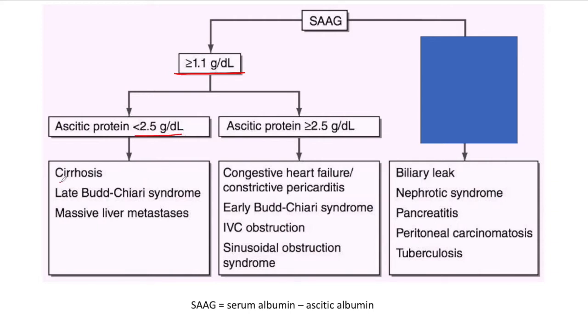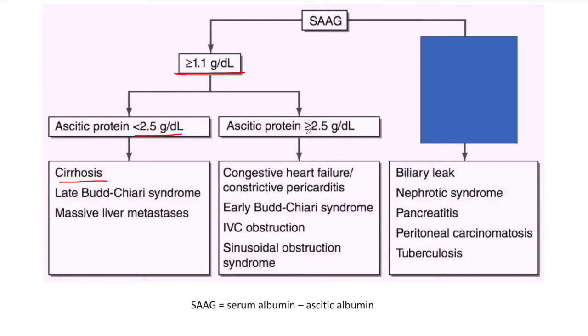So we can have low acidic protein, less than 2.5. That is like our patient who has cirrhosis. We have a lot of transudate fluid that's moving from the portal system and becoming acidic fluid, basically migrating over the walls of the different vasculature. Budd-Chiari syndrome, massive liver metastasis, again, sort of working like cirrhosis, blocking off that portal blood from leaving the portal supply. Okay.